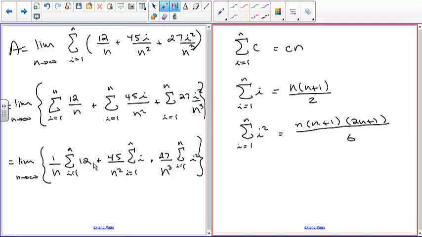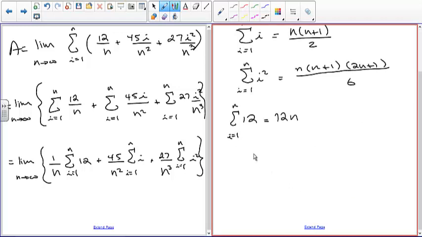So what I'm going to do is do each one of these separately and use the appropriate formula. So the summation of 12 from i equals 1 to n is just 12n. So c is 12, so it's cn. Okay, that's easy. The second one is the summation of i from i equals 1 to n. I've already got it up here, but I'm going to go ahead and multiply it out. So I get n squared plus n over 2.